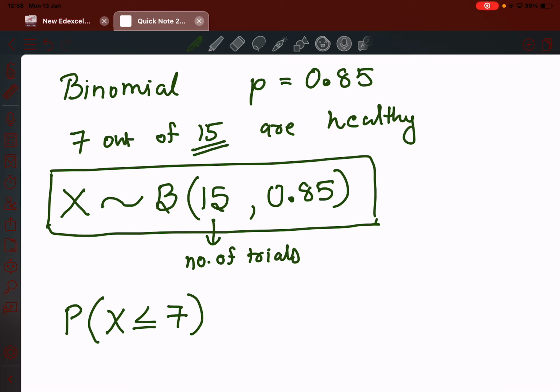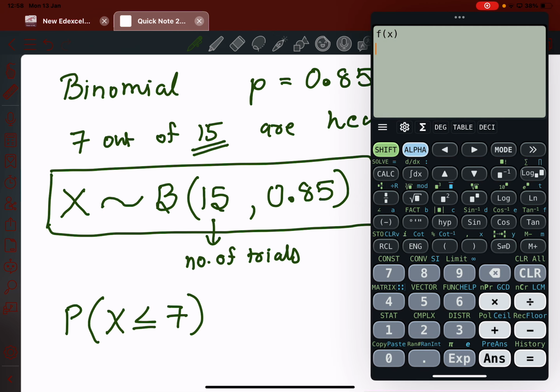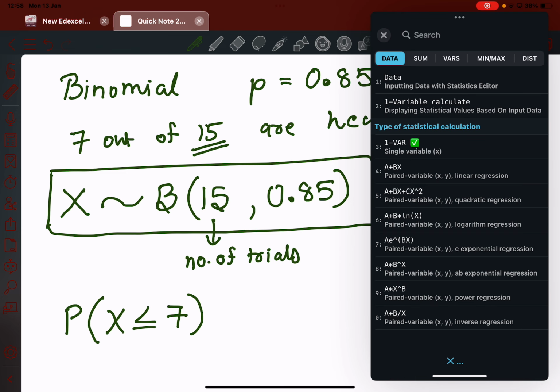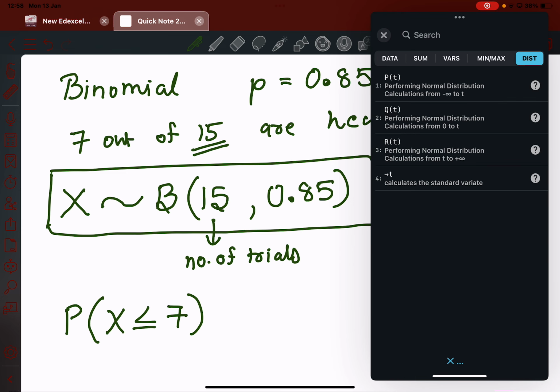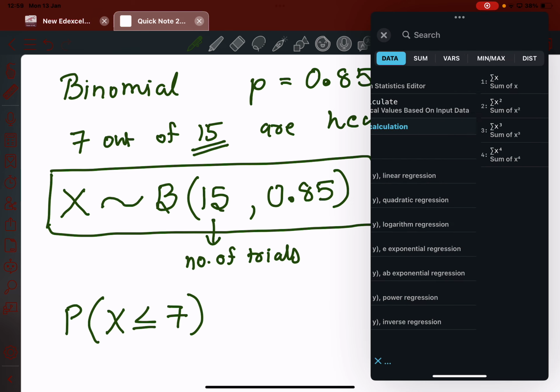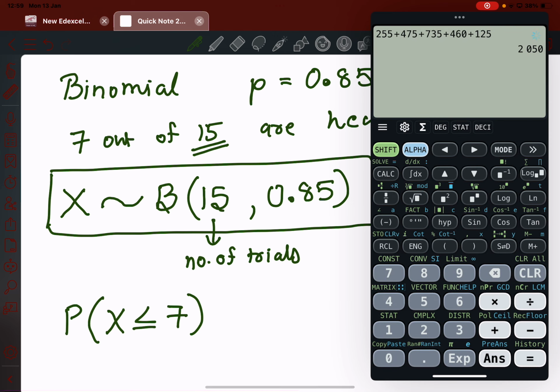So what we do is, do we remember how to do this on the calculator? Can you try this on the calculator? So we're doing P of X less than or equal to 7. Okay, maybe I'll show this.